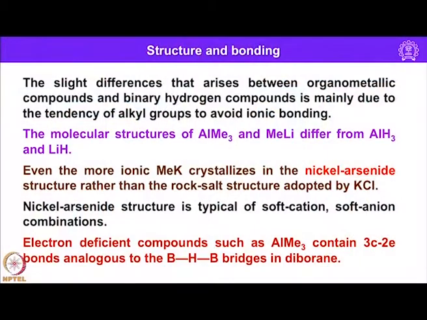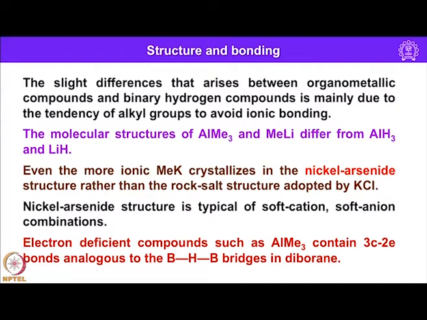The slight differences that arise between organometallic compounds and binary hydrogen compounds are mainly due to the tendency of alkyl groups to avoid ionic bonding. For example, the molecular structures of trimethyl aluminum and methyl lithium differ from aluminum trihydride and lithium hydride.